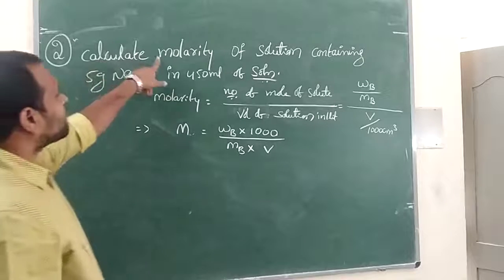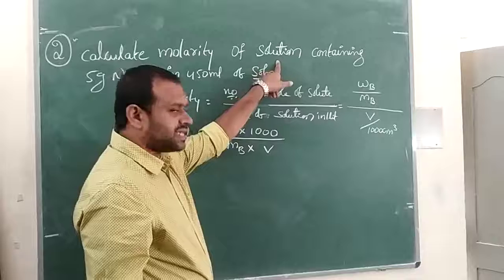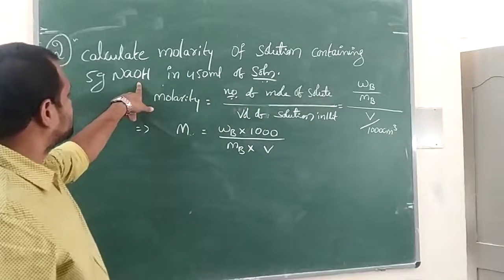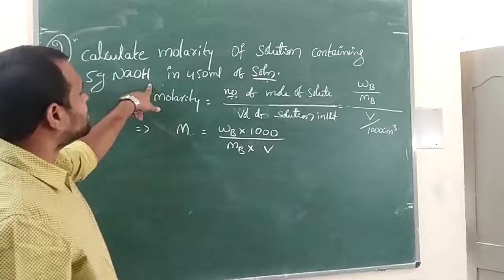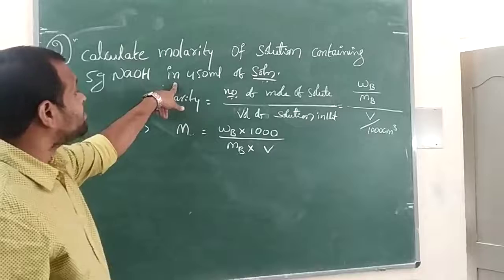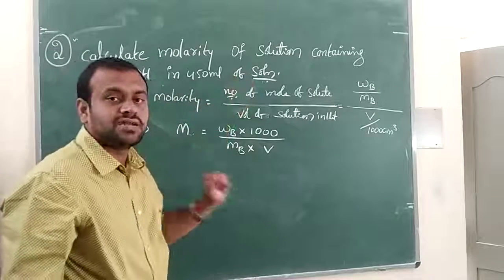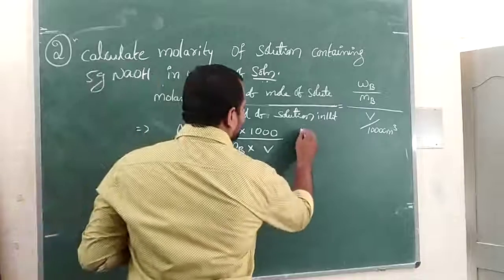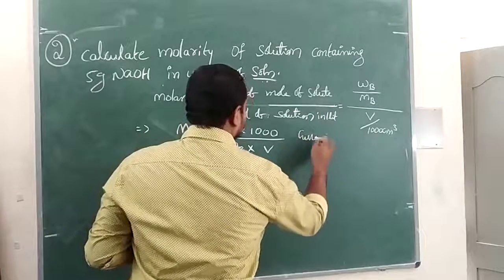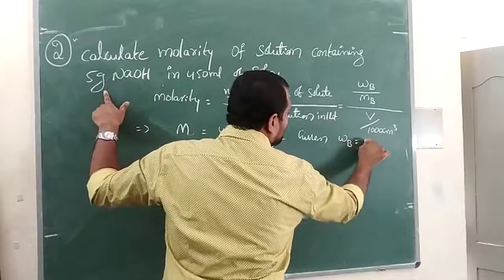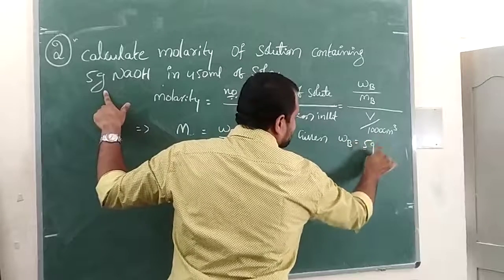Now see the problem. What they had given: calculate the molarity of solution containing 5 gram NaOH. That means NaOH is nothing but solute, present in 450 ml of solution. Here, what they had given: weight WB is equal to 5 grams.